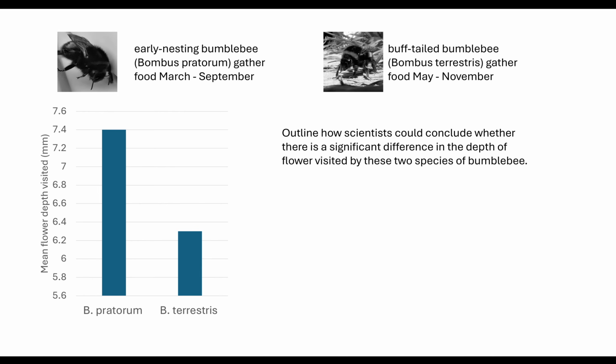Now, a question that they can ask you would be something like this. Outline how scientists could conclude whether there is a significant difference in the depth of flower visited by these two species of bumblebees. So what they could do is tell you these bumblebees evolved and we have new species because of speciation.